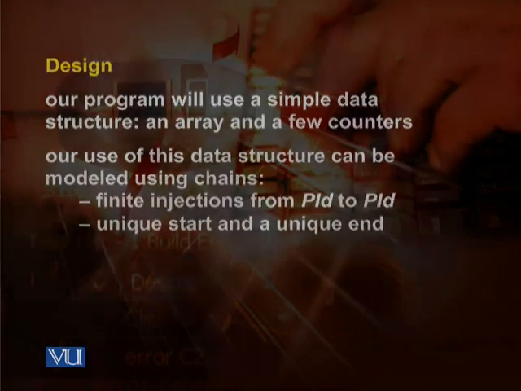Now we are talking about designing. The first thing is that we have made this decision that we will be using arrays. And the second thing is that the different data structures, for example, the ready, the blocked, these data structures, they will use the concept of a chain.